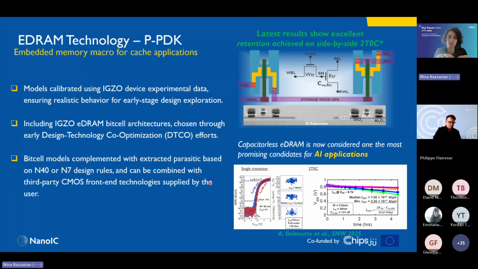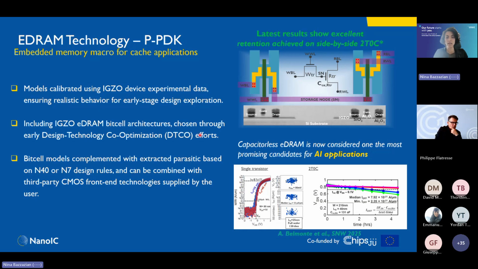The embedded DRAM here, what we have is based on this concept 2T0C. So basically two interconnected transistors which work in a smart way to store information without really requiring a dedicated capacitor. As you can see here in this TEM image, we have test vehicles that were fabricated in our pilot line, and the results were presented in an international conference last year.